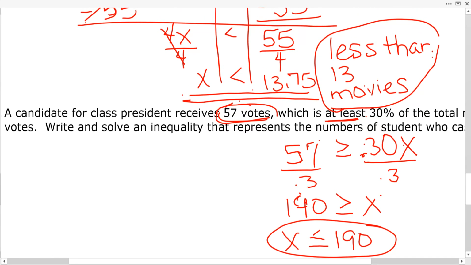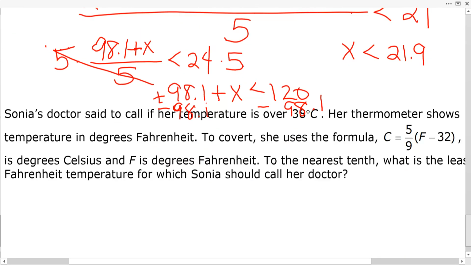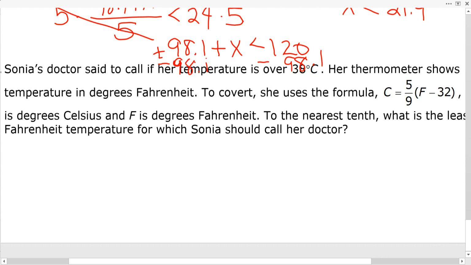All right, last problem. Sonia is watching her temperature to make sure that when it gets over 38 degrees Celsius, she calls a doctor. So we want this formula, when this is all worked out with the Fahrenheit, to be more than 38 degrees Celsius.